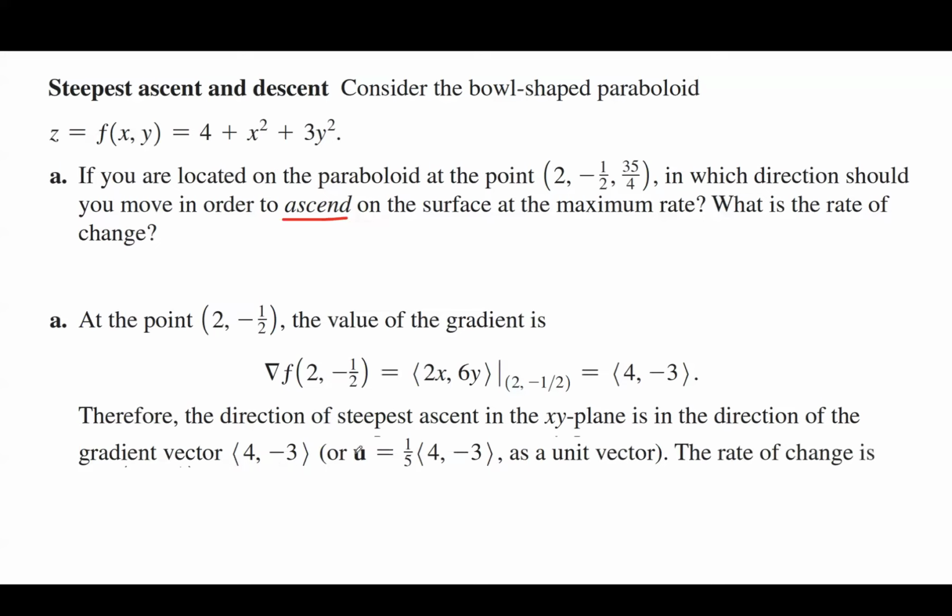Or you can write it in unit vector form by dividing the components by the square root of 16 plus 9, or the square root of 25, or 5. So this gives you the direction at which you have the steepest ascent. The rate of change is the magnitude of the gradient, which is basically 5.